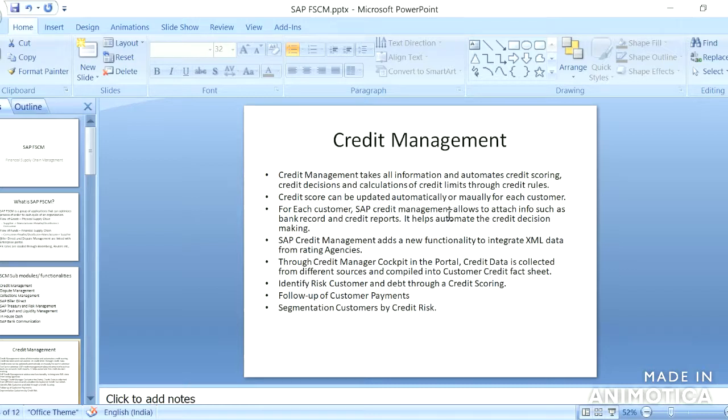For example, if the credit limit for the customer is 1 lakh and he has already reached 80,000, then the system will issue a warning. So he is already near his credit limit. This credit management mainly deals with the credit limits for the customer.